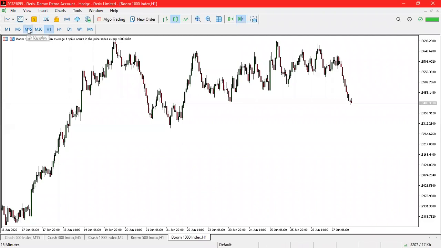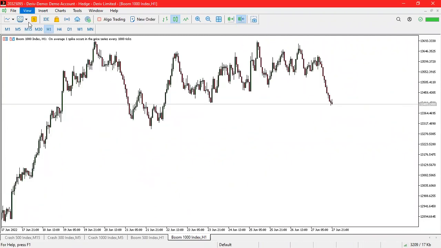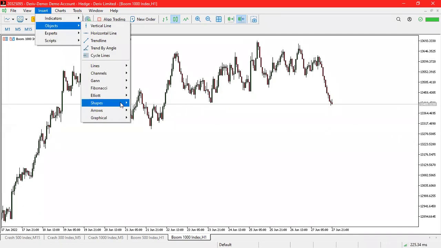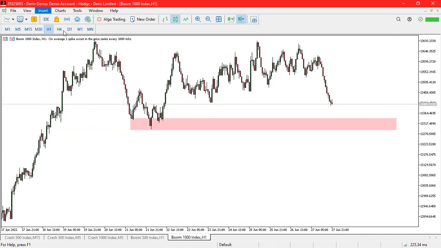We should be able to identify sensitive levels. Do you understand this? So Booms, sensitive levels. The sensitive level that we have on Boom 1K using the 1 hour time frame is this one. So unfortunately, there is nothing special from now. This is our key level, the sensitive key level. Something like this can predict something like this.